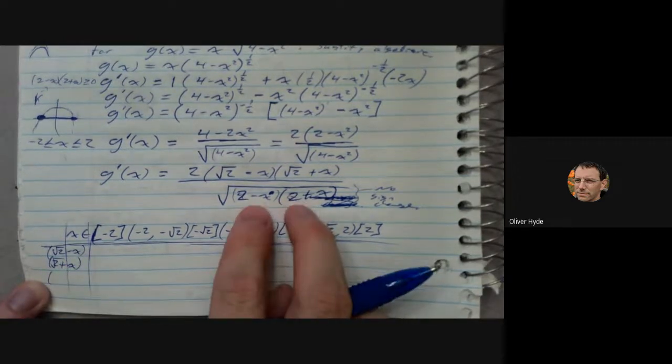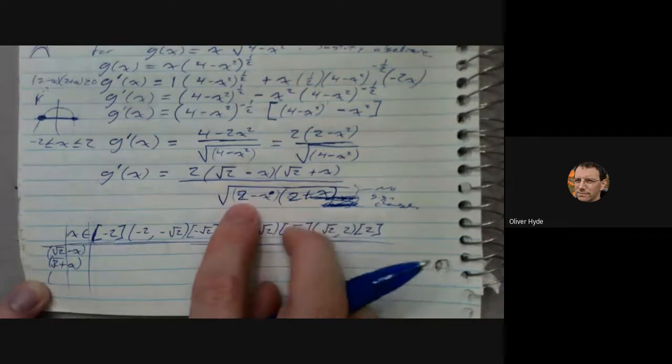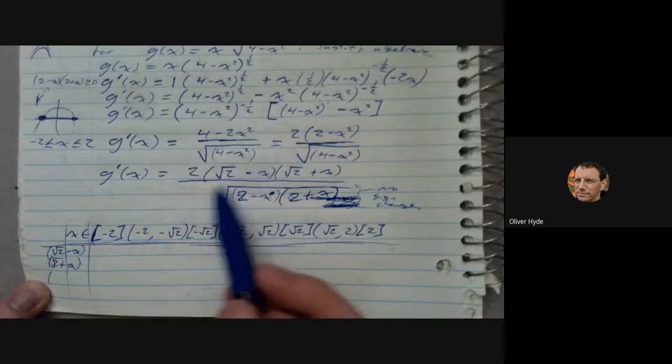Factors that could change sign. Let's look at root 2 minus x, root 2 plus x. This is sort of the issue here: I know my denominator isn't going to change sign because of this square root.